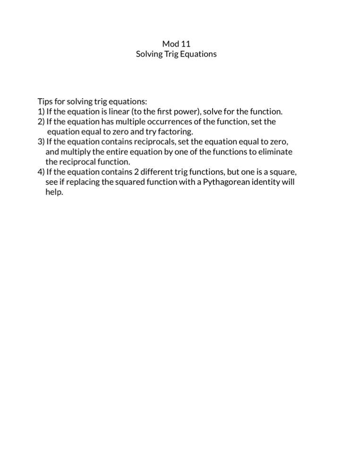And the last tip, if the equation contains two different trig functions, but one of the functions is squared, see if replacing that squared function with a Pythagorean identity will help you solve the problem.